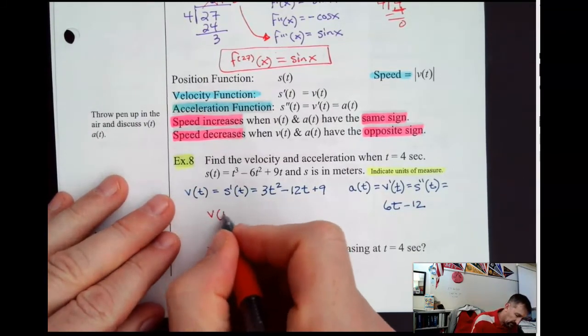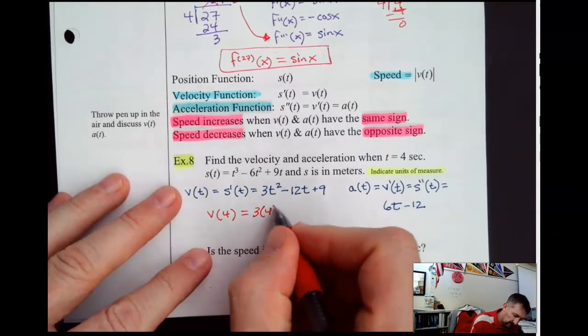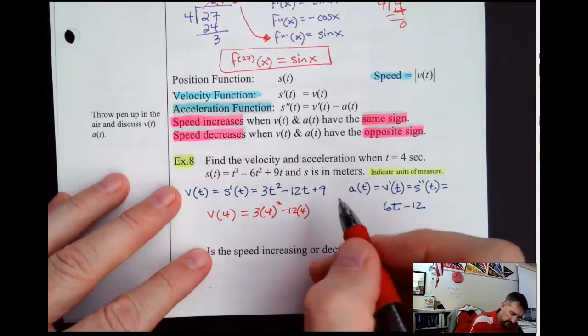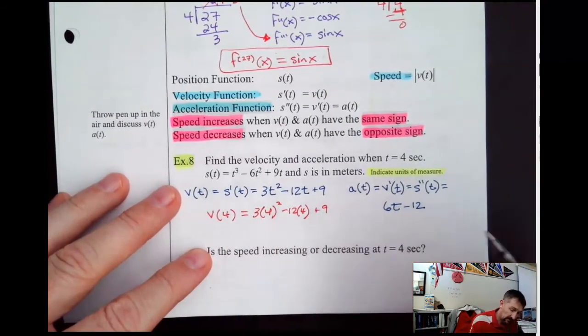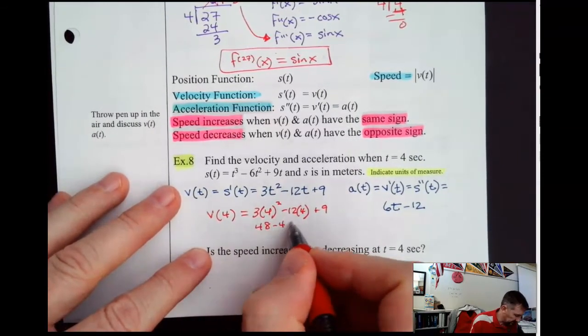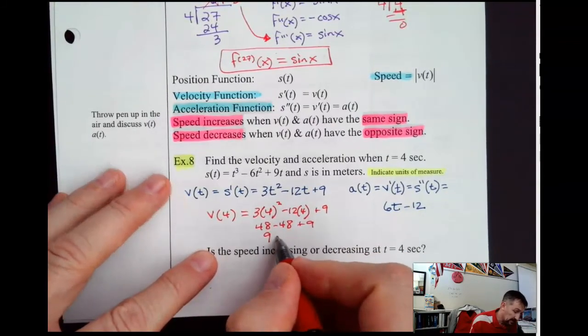Okay, so then the question says, find the velocity when it's 4 seconds. So v of 4, I'm going to plug 4 in there. So 3 times 4 squared minus 12 times 4 plus 9. So that's going to be 48 minus 48 plus 9. So that's going to be 9.